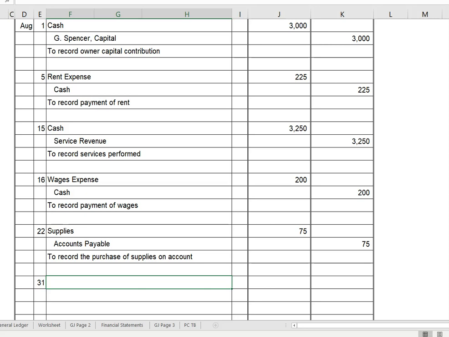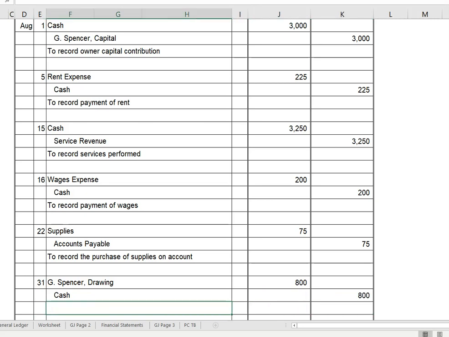The name of the account is G. Spencer Drawing. And that is going to be $800. And the credit is cash.